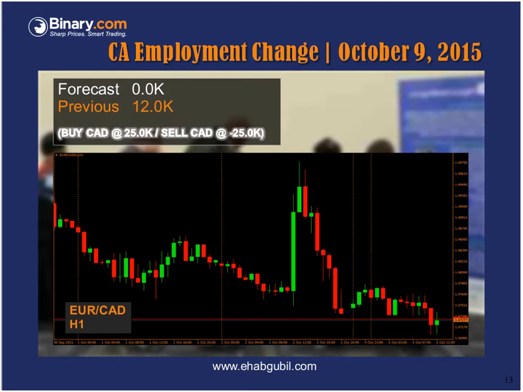However, if we get a negative deviation, minus 25,000 or worse, we should see some weakness in the Canadian dollar, and that will be our chance to sell the Canadian dollar against stronger currencies at that time. So we'll buy Canadian dollar at 25,000 and sell it at minus 25,000.